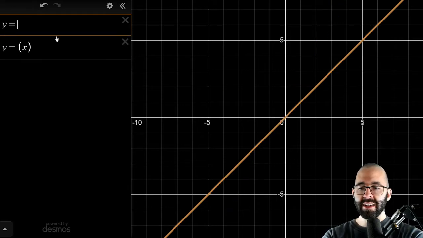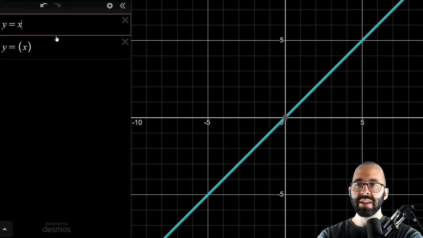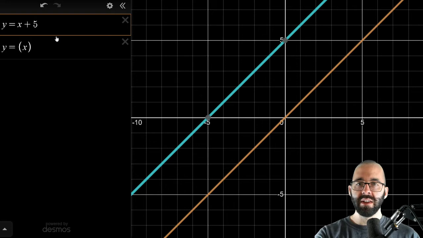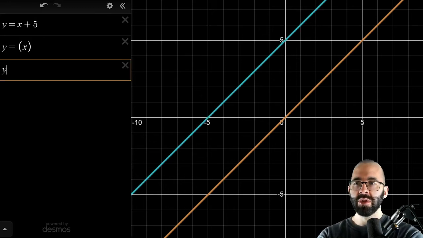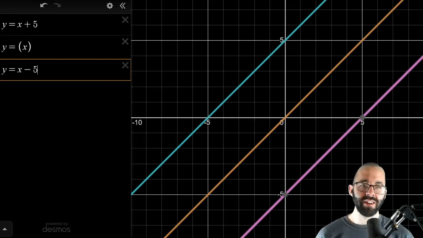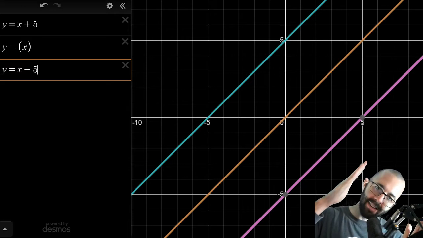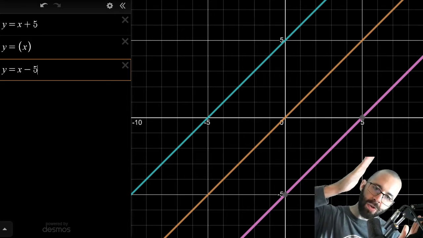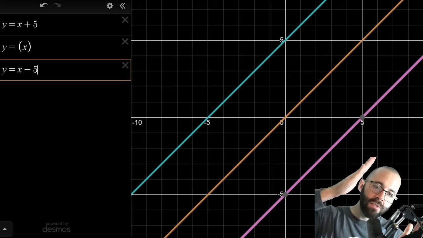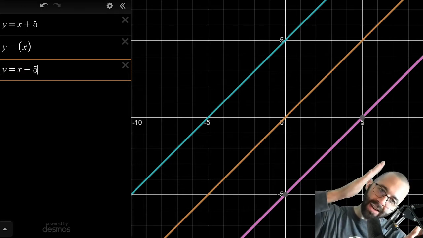Another thing that we looked at was y equals x plus 5. Its inverse was y equals x minus 5. And look again, the blue graph is just the reflection of the pink graph across that diagonal line.